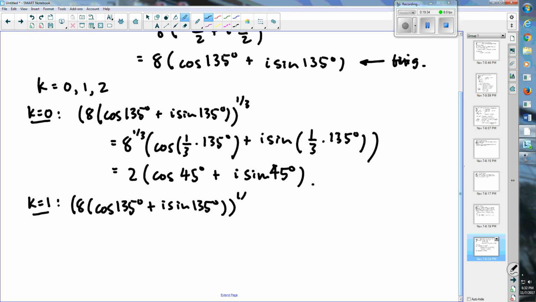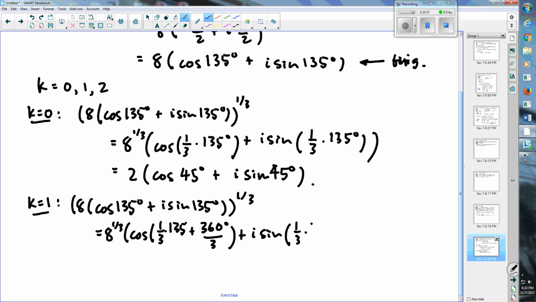Again, we're going to raise this to the 1/3 power, which equals 8 to the 1/3 times the cosine of 1/3 times 135 degrees plus 360 degrees over 3, plus I times the sine of 1/3 times 135 degrees plus 360 degrees over 3.